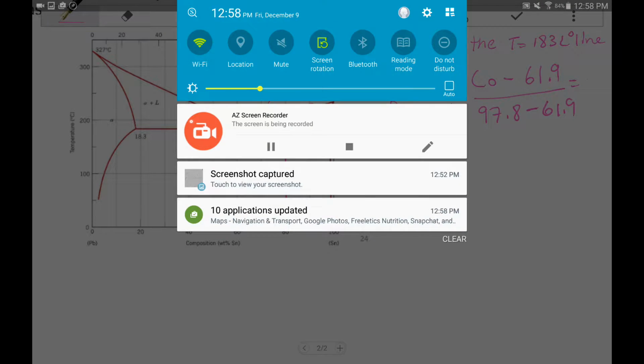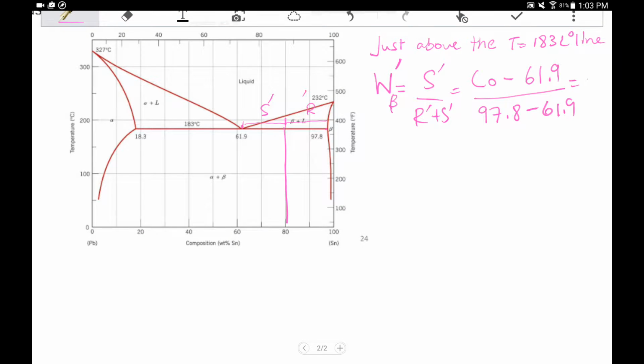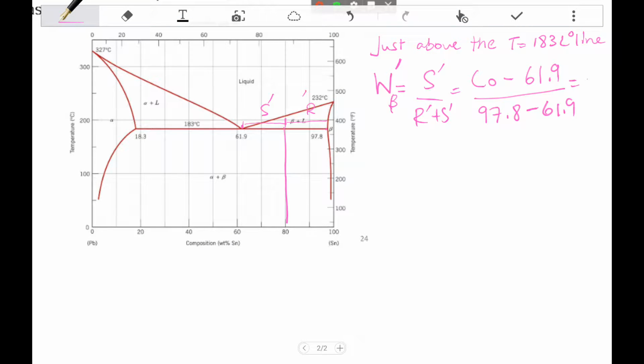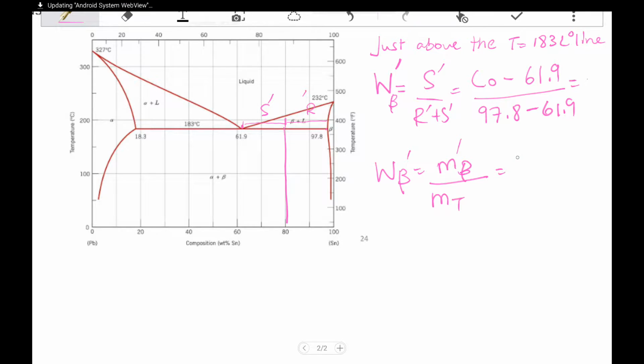Okay, so what we're going to do here is find the mass fraction, weight fraction, for beta primary. The way to do that is the mass of the beta primary divided by the mass total will give you the weight fraction.